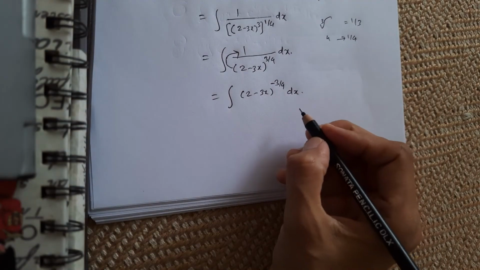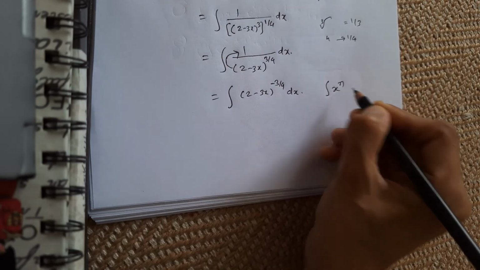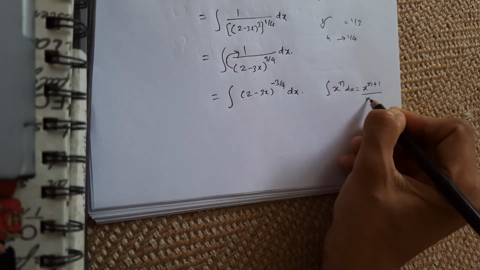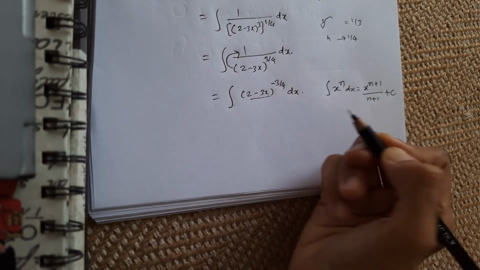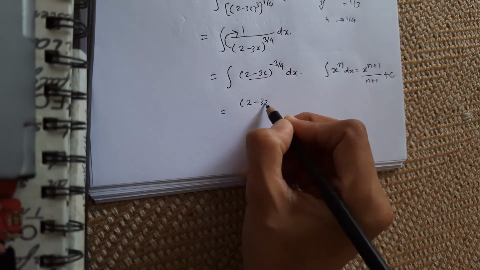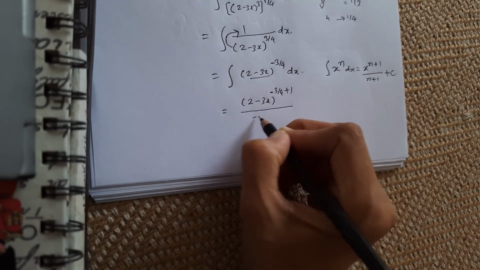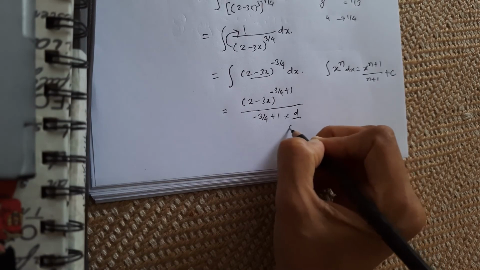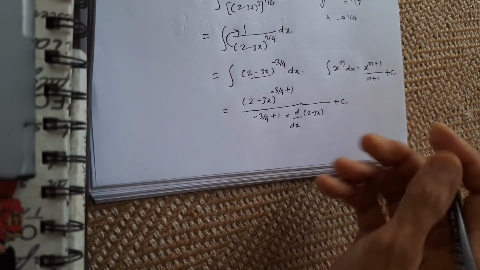This is a composite function. So first of all, I will take the integration of x to the power n dx, which is nothing but x to the power n plus 1 upon n plus 1 plus c, and then divide it by the inner function's derivative. So I simply get (2 minus 3x) to the power minus 3 by 4 plus 1, upon minus 3 by 4 plus 1, into d/dx of (2 minus 3x), plus c.